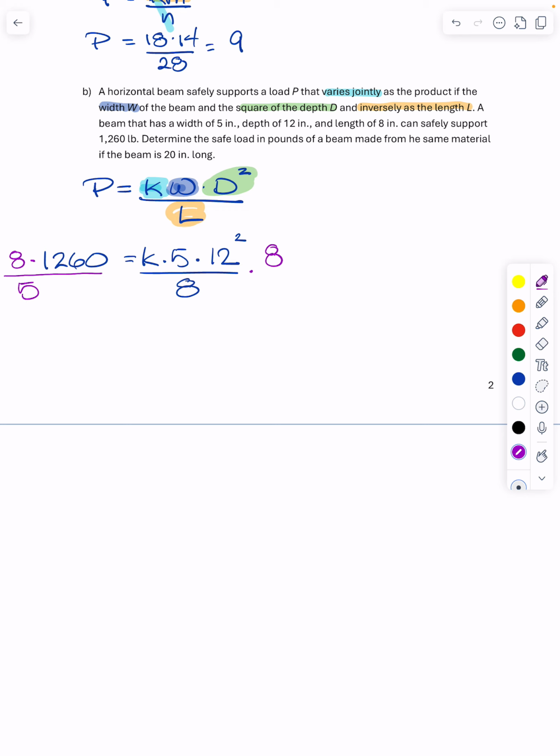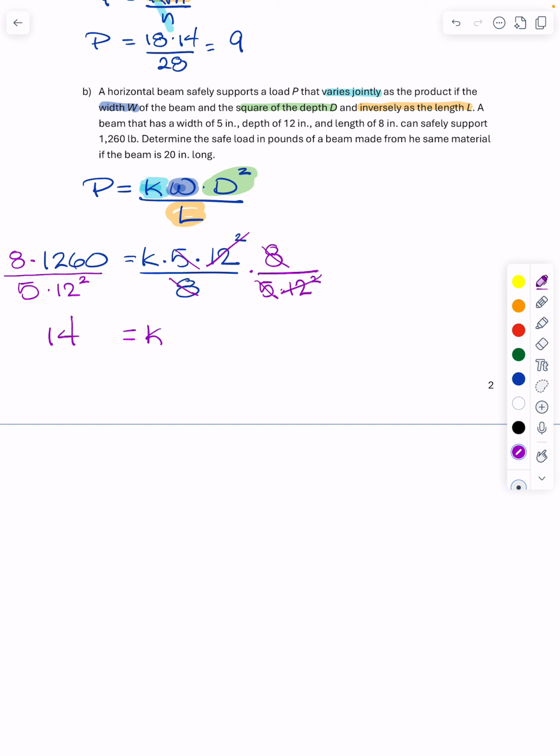And then I'm going to divide both sides by 5 times 12 squared. Take a minute to make sure that makes sense. Here my 8's cancel, my 5's cancel, my 12 squareds cancel. All I'm left with is k.